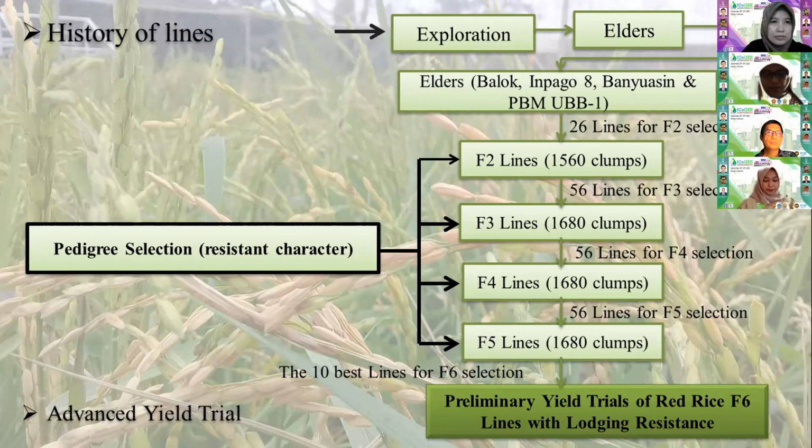Selection of lines with pedigree selection. Selection had been made on filial 1 until filial 5, and we get 10 baseline. Preliminary yield trial of the red rice filial 6 line with lodging resistance.